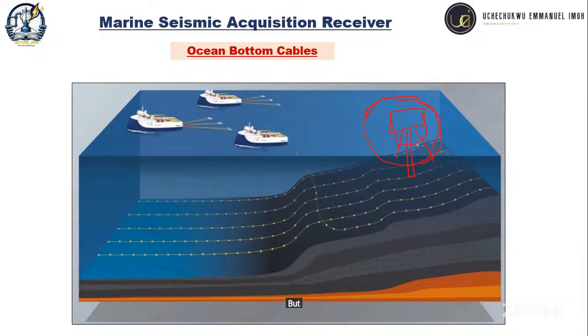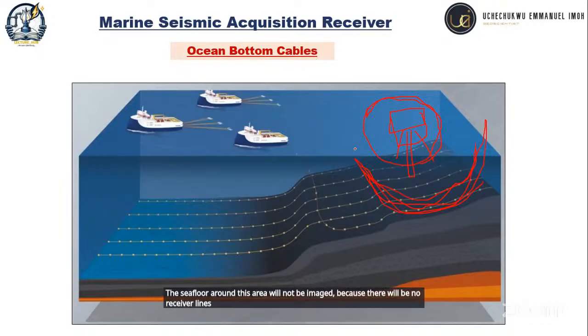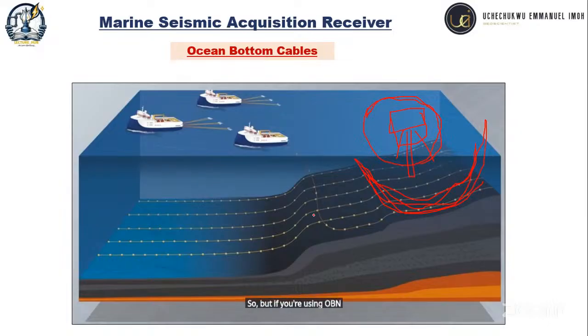So the sea floor around this area will not be imaged, because there will be no receiver lines crossing this area. But if you're using OBN or OBC, you can always put your receiver lines crossing near the platform or the offshore rig without any effect or any damage to the rig.